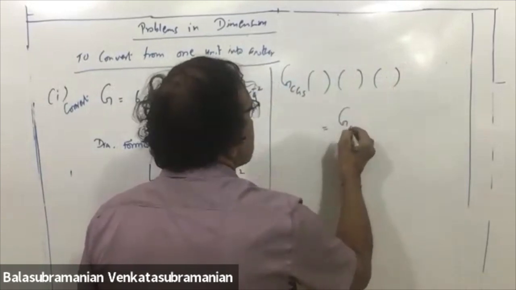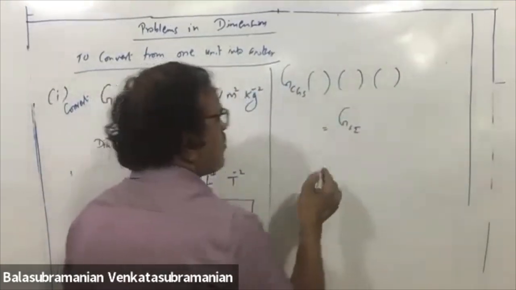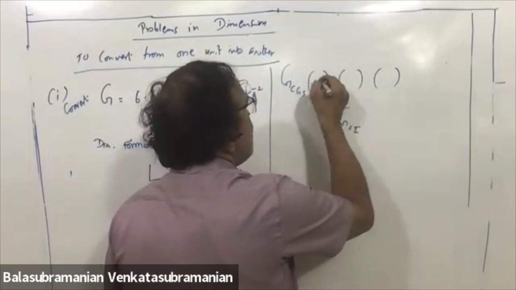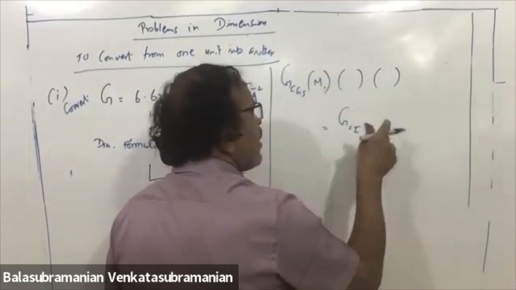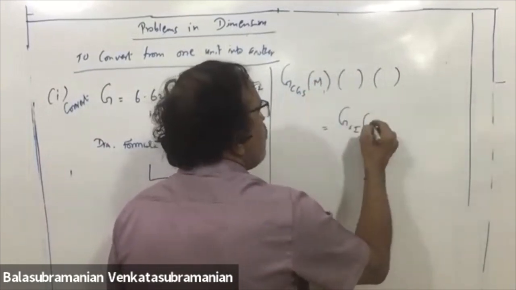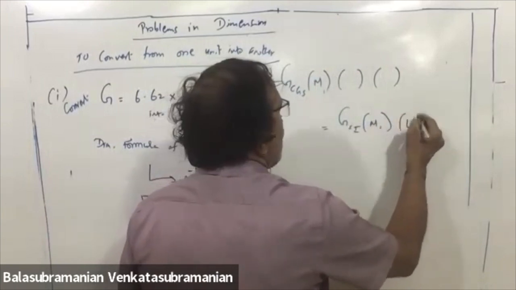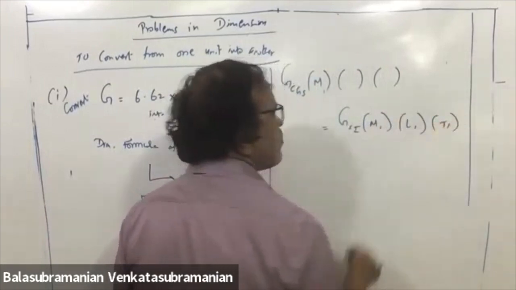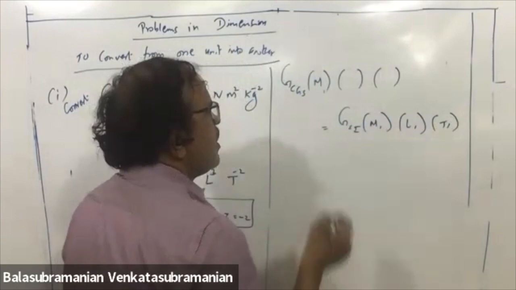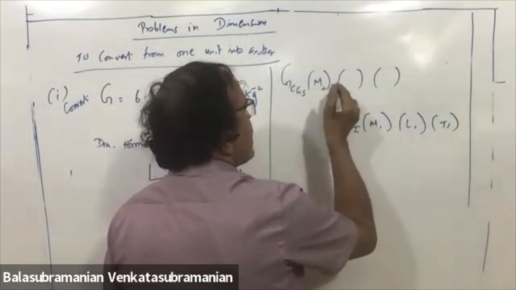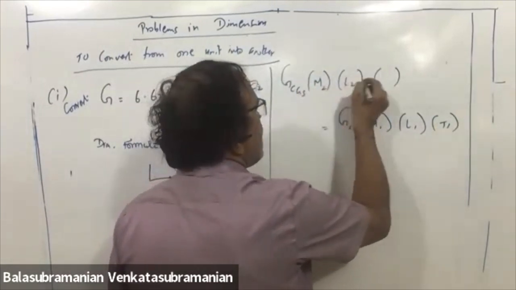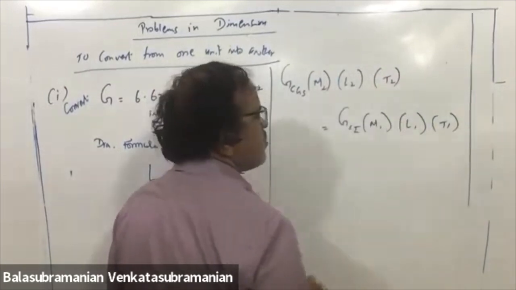What quantity is given? G SI. Given means M1, L1, T1. To be calculated M2, L2, T2.